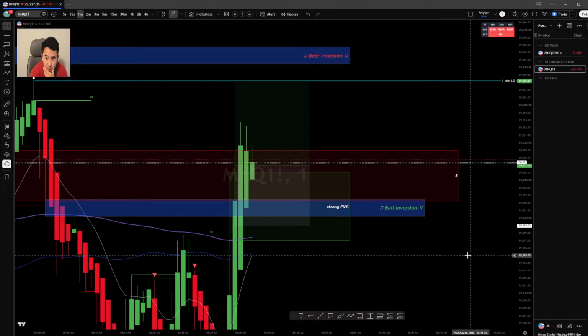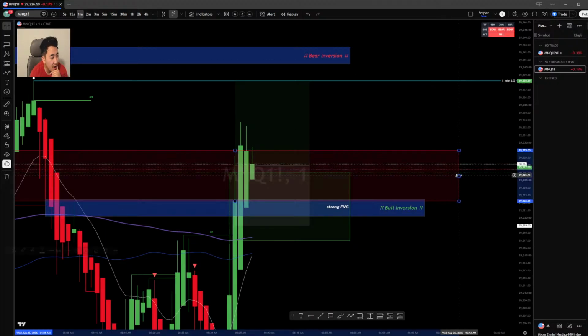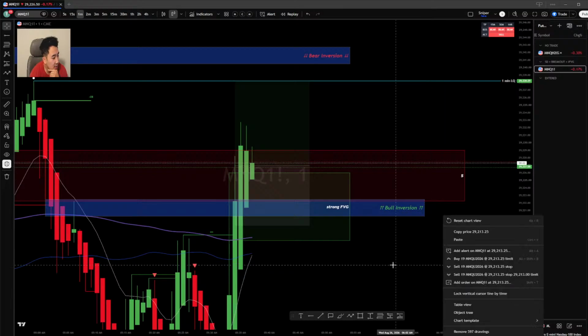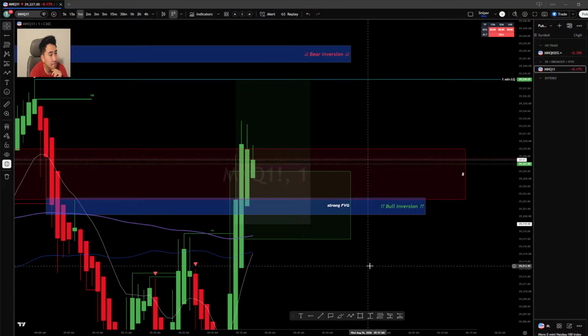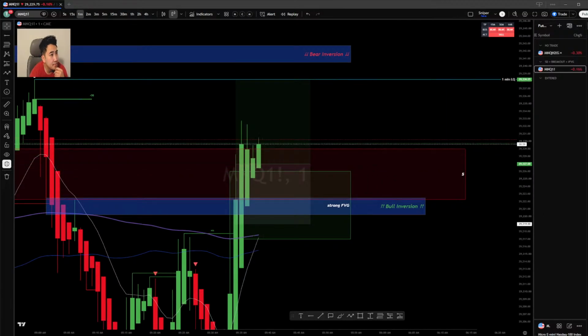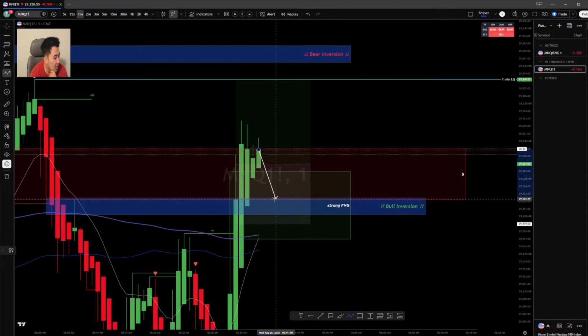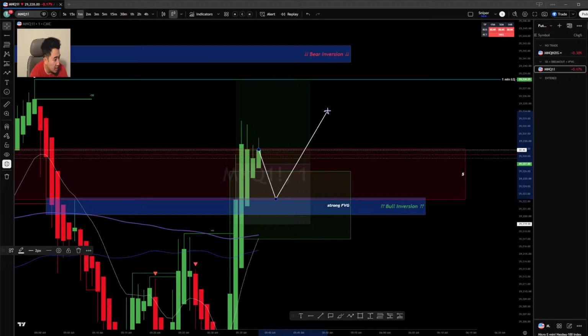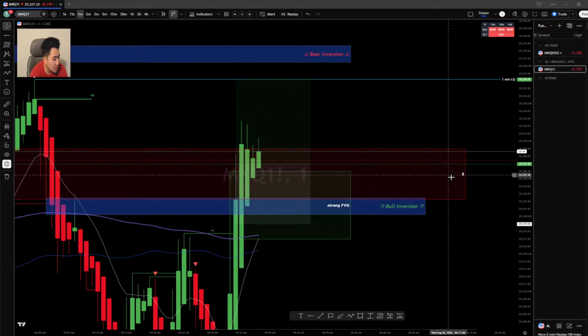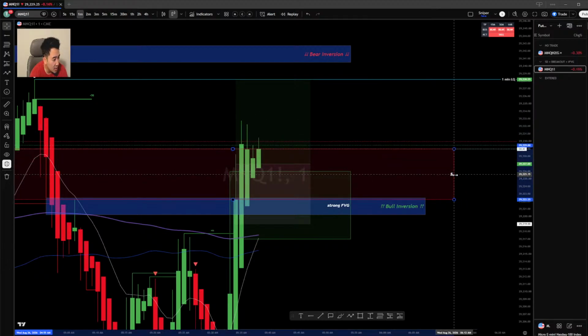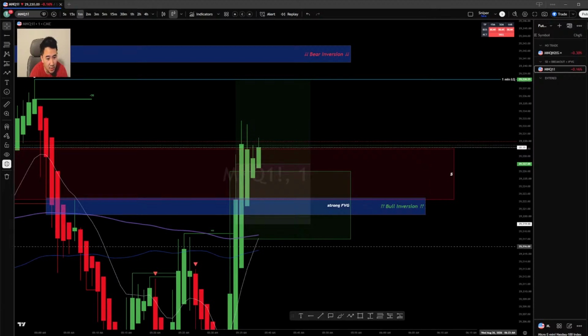The only thing we just gotta be careful of is this 5 minute FVG right here, 5 minute gap. I still want a red Heikin-Ashi candle, pullback, and then I'll see if there's an entry, depending on where we enter, just because this 5 minute gap is here.